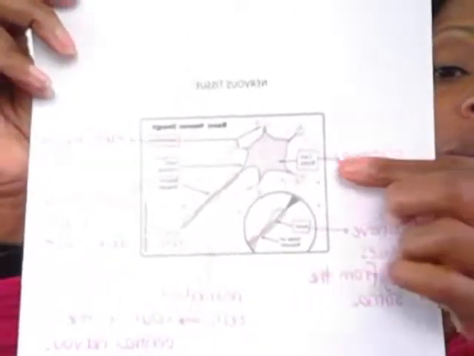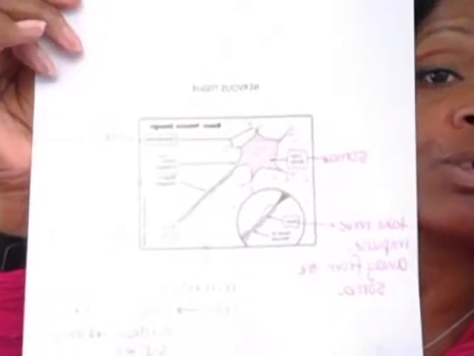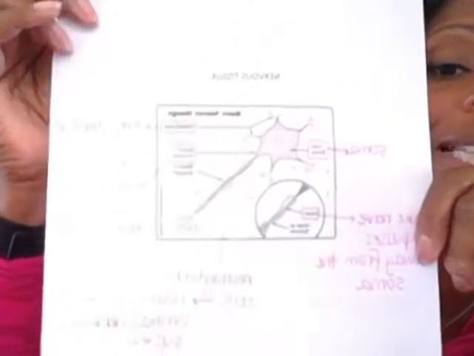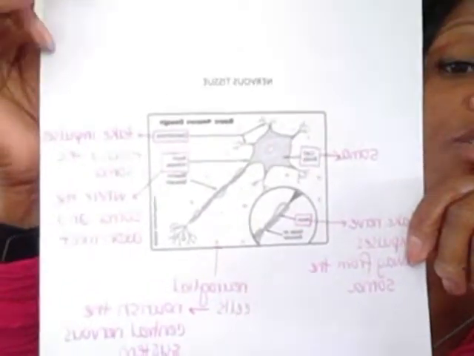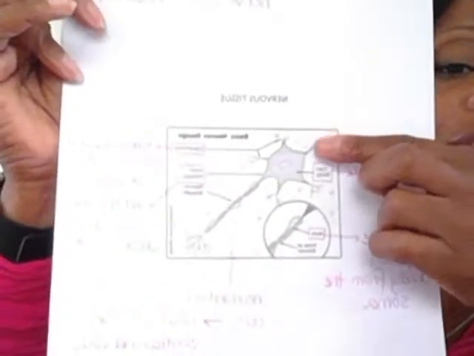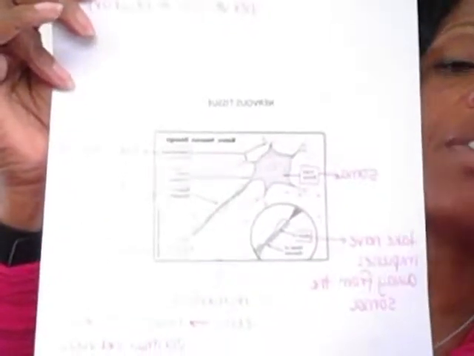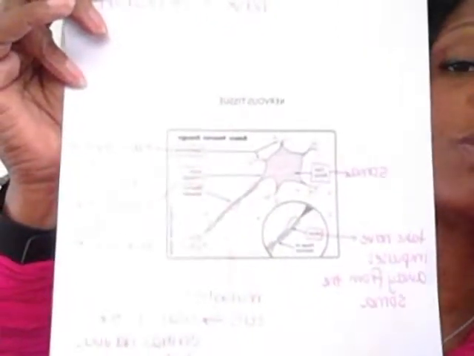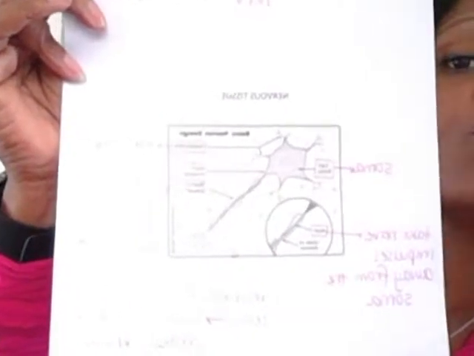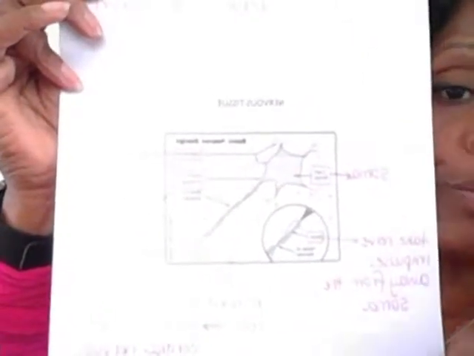So here are the parts of the neuron that you need to know. Here, the cell body where you will find the nucleus is also referred to as the soma. Attached to the soma, we have what are referred to as axons and dendrites. The dendrites are the smaller projections that are off of the soma, and they are responsible for bringing nerve impulses toward the soma.